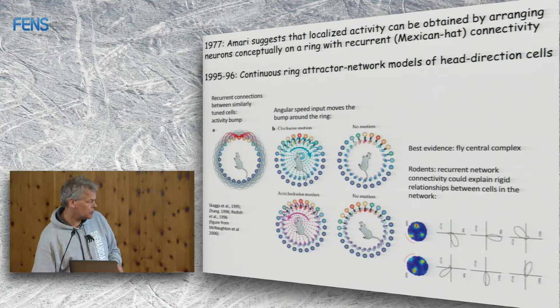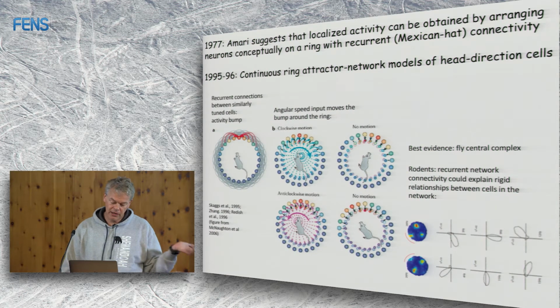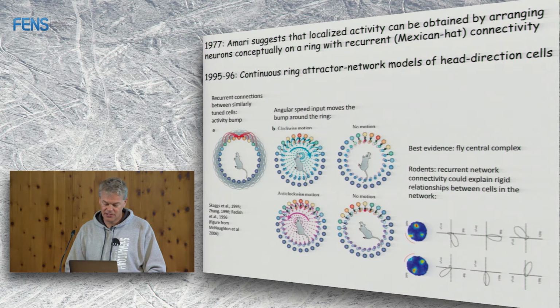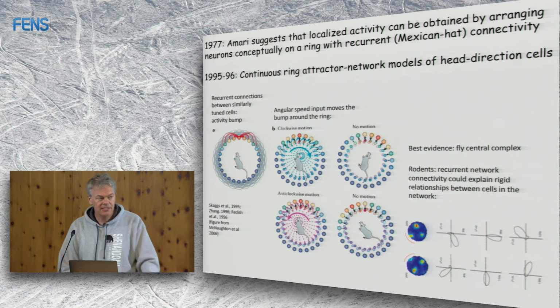And that's exactly what you see in rats when they go from one environment to the other. We often call this low dimensional, because it really is no remapping. The system keeps the same intrinsic relationships from one environment to the other. So that's where we are with head direction cells.